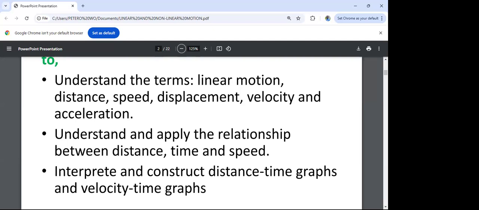Then we also have to interpret, and if time allows, we will also construct distance-time graphs and velocity-time graphs for different types of motion. So those are the things that we expect from the lesson, and let us get the lesson started now.